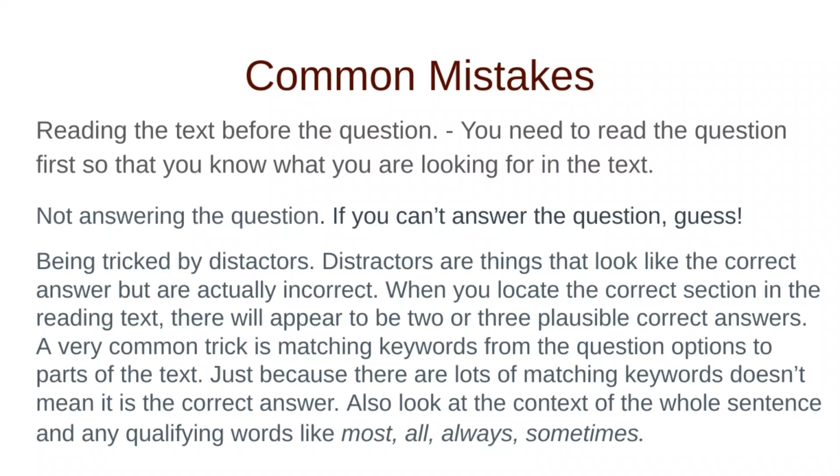A very common trick is matching keywords from the question options to parts of the text. Just because there are lots of matching keywords doesn't mean it's the correct answer. Always look at the context of the whole sentence and any qualifying words like most, all, always, sometimes.